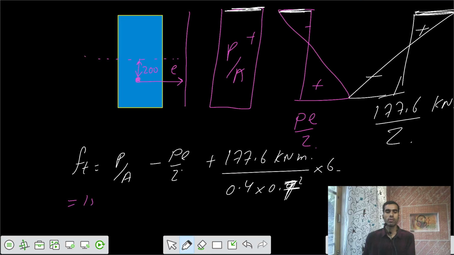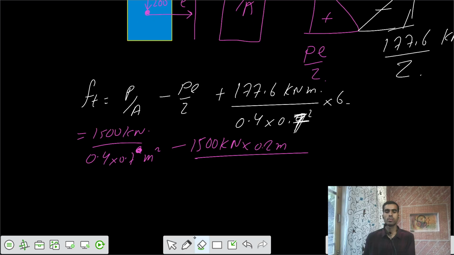So I would say 1500 kilonewton by the section area, 0.4 into 0.7 square meter. Then we have Pe by Z. Your section modulus is bd square by 6.